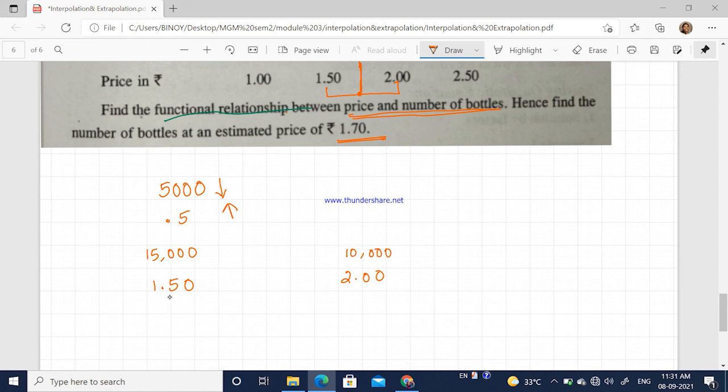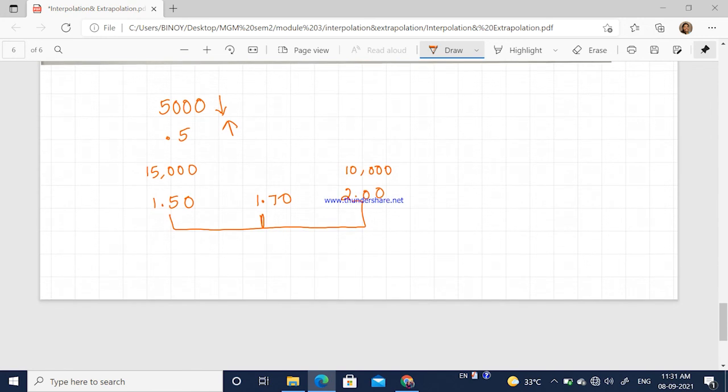So clearly this will be between 1.50 and 2. The number is 1.70. You need to find the difference. The difference is 5,000 for 0.5.